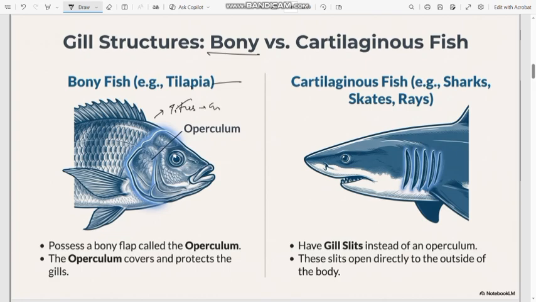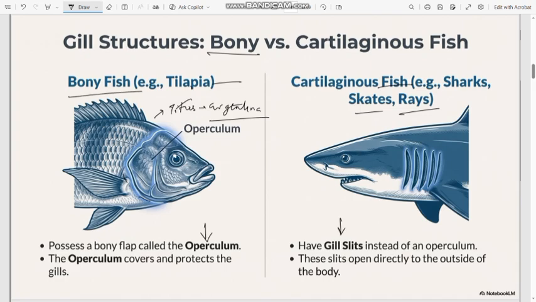Your Argentina fish, all this type of fish. Argentina is popularly called Ojuyobo in Yoruba land. Those types of fishes have a very strong plate called the operculum, while cartilaginous fish like your sharks, your skates, your rays, they have gill slits. Keep this in mind. Bony fishes have operculum. Cartilaginous fishes have gill slits.